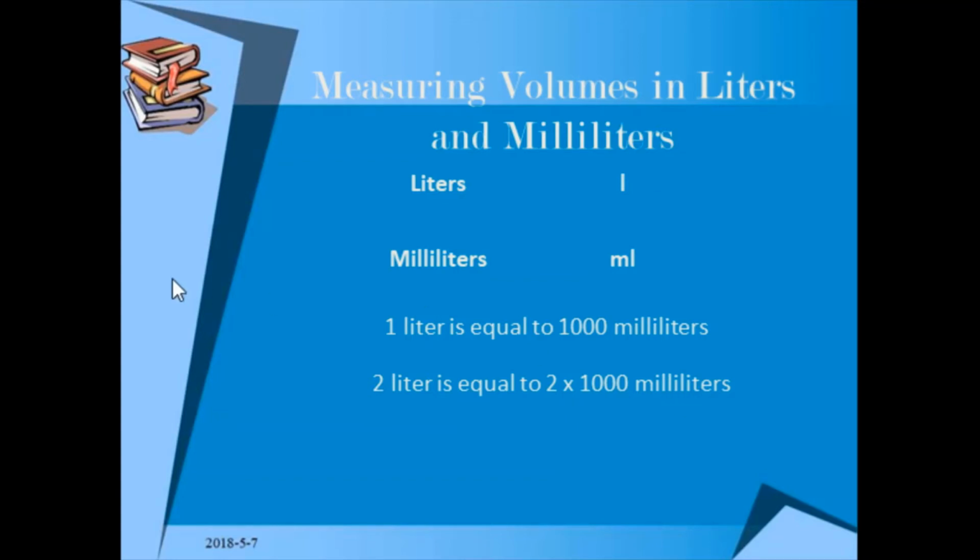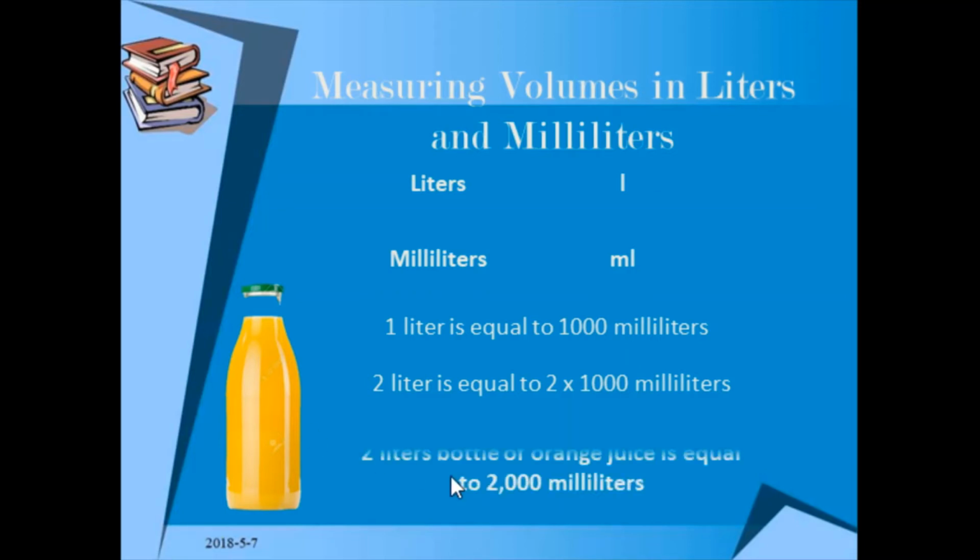Supposing this orange juice measures 2 liters, then the 2 liter bottle of orange juice is equal to 2,000 milliliters. Again, 1 liter is equal to 1,000 milliliters.